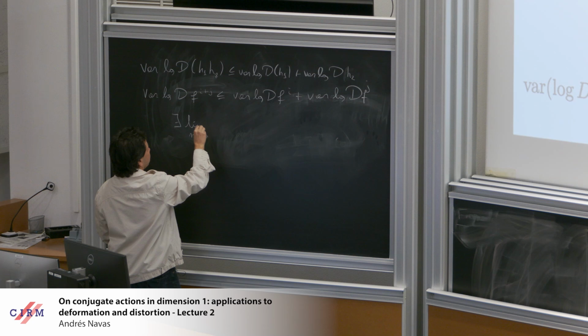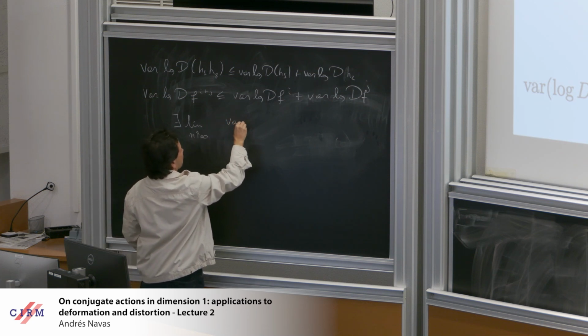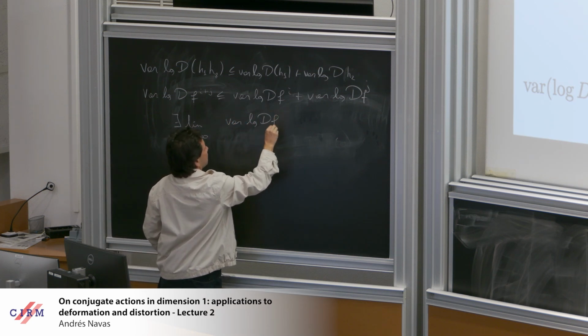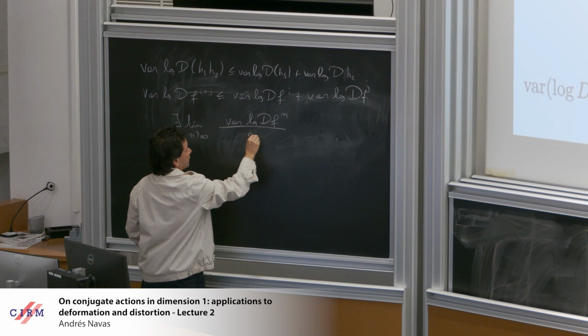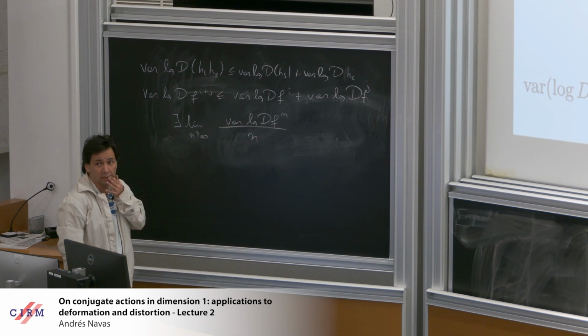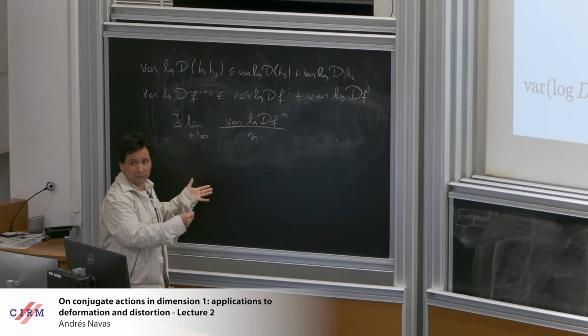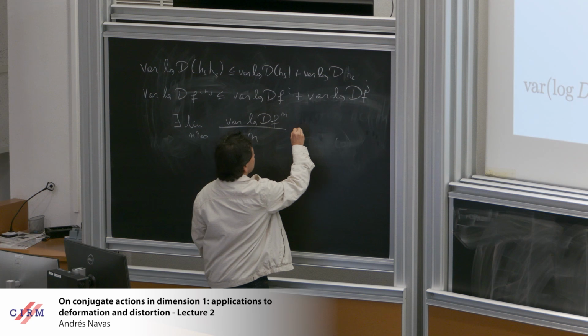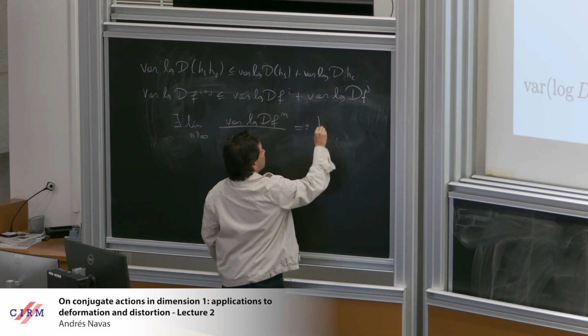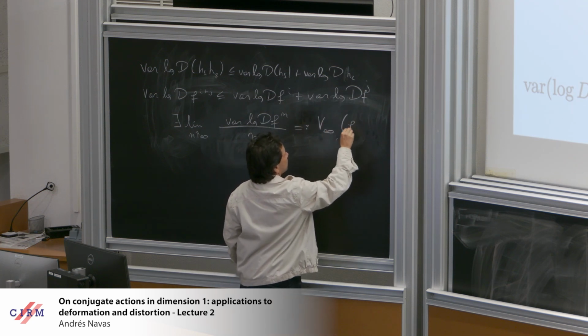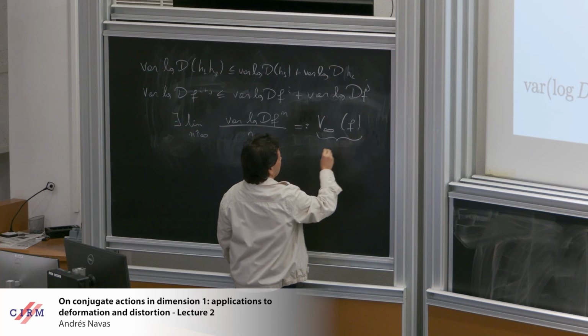And because of a classical lemma of Fekete, this means that there exists the limit as n goes to infinity of the variation of the logarithm of the derivative of f to the power n divided by n. Okay? And this is a very natural definition, and let me denote this way, v infinity of f, and let me call it the asymptotic variation.